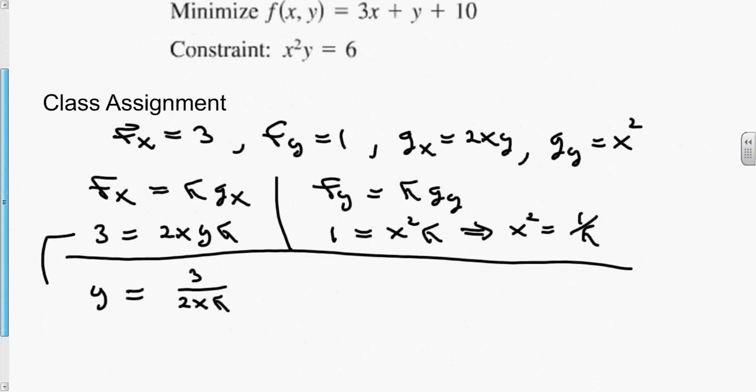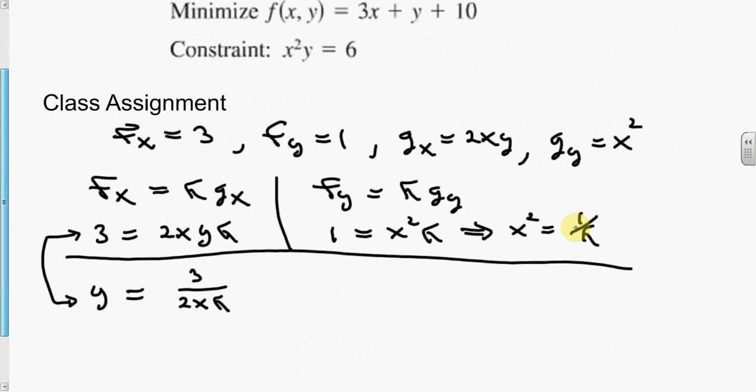I got that from here. Now I have x squared equal to 1 over lambda.